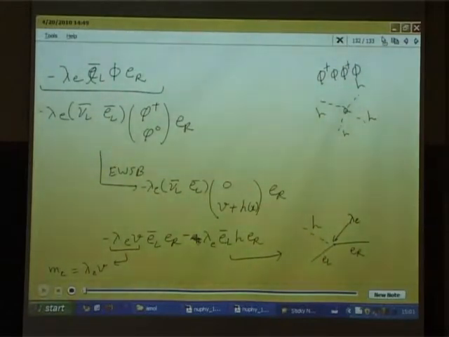So you see, if the coupling constant of the electron is lambda e, then the mass of the muon is going to be lambda mu times v over root 2. This means that I have a vertex here which is mu L, mu R and H. What is the coupling constant here?